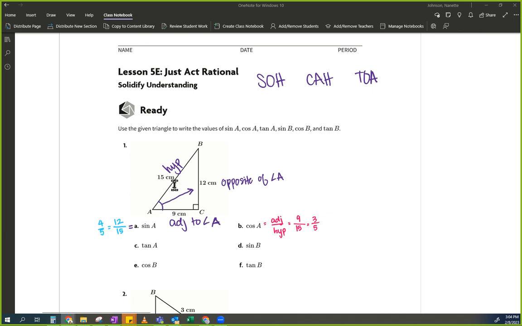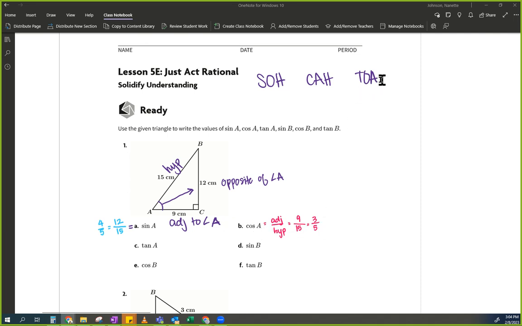One of the neat things you'll know is that the angle is the angle, however many degrees it is. It doesn't matter how big or small this triangle is, the cosine of that angle is always going to be the same.